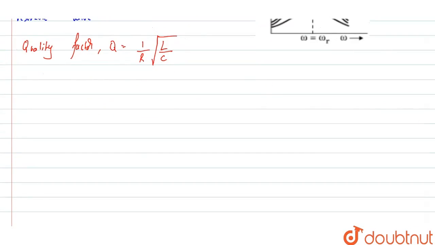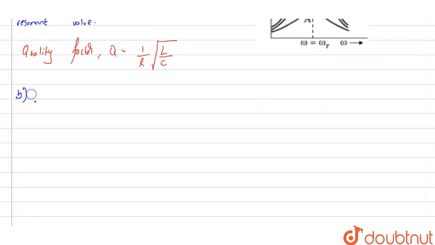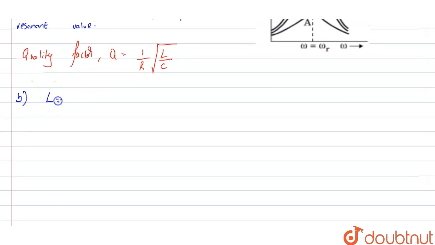So, for the next part of our question B, now we have a 2 microfarad capacitor, a 100 ohm resistor and an 8 Henry inductor. So we are given L, our inductor value is 8 Henry and our C value is 2 microfarad, which is equal to 2 times 10 to the power minus 6 farads.